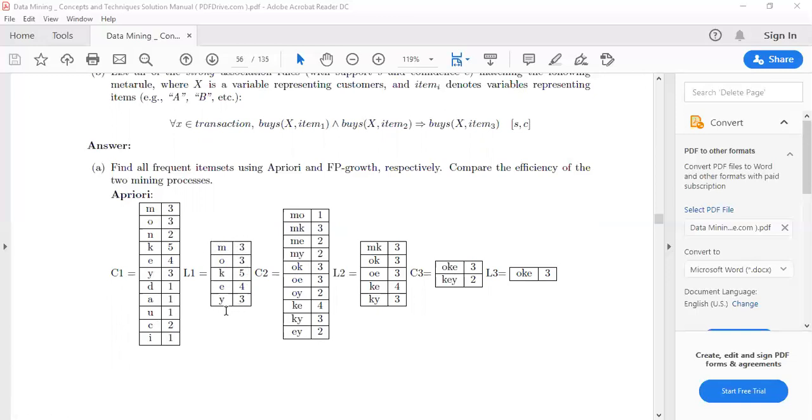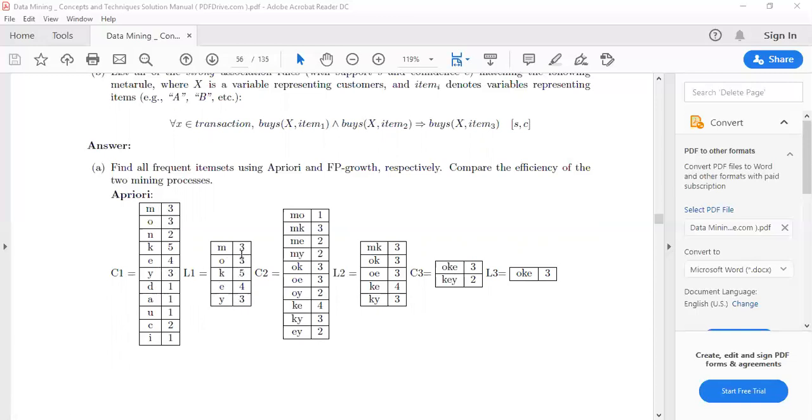So from this, we have to take a combination of two items. This is a single item which follows the support count value. After pruning the unwanted things which are not matching, the rest is taken to the next level, since they follow the minimum support count.